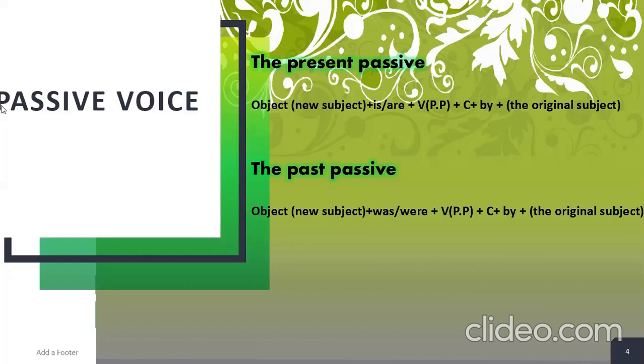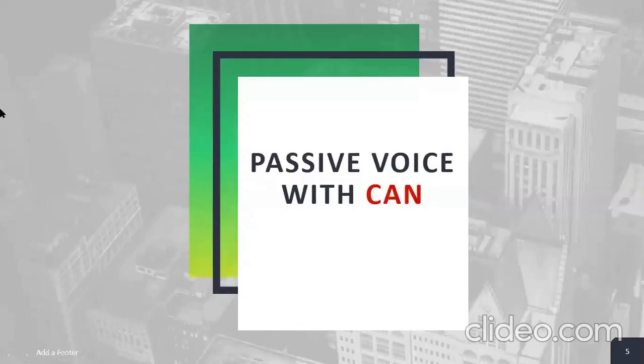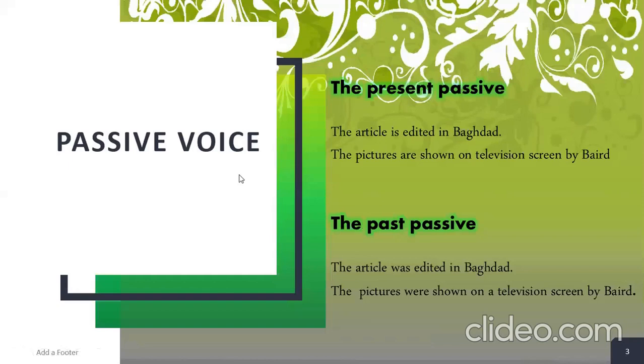For example, we suppose that the original sentence of this passive sentence, the active sentence of it, was, for example, Ahmed edited the article in Baghdad.